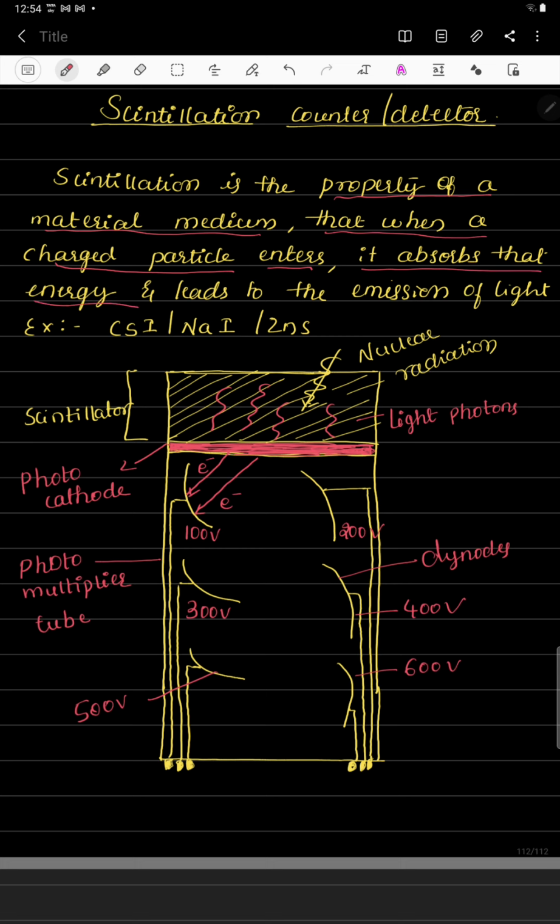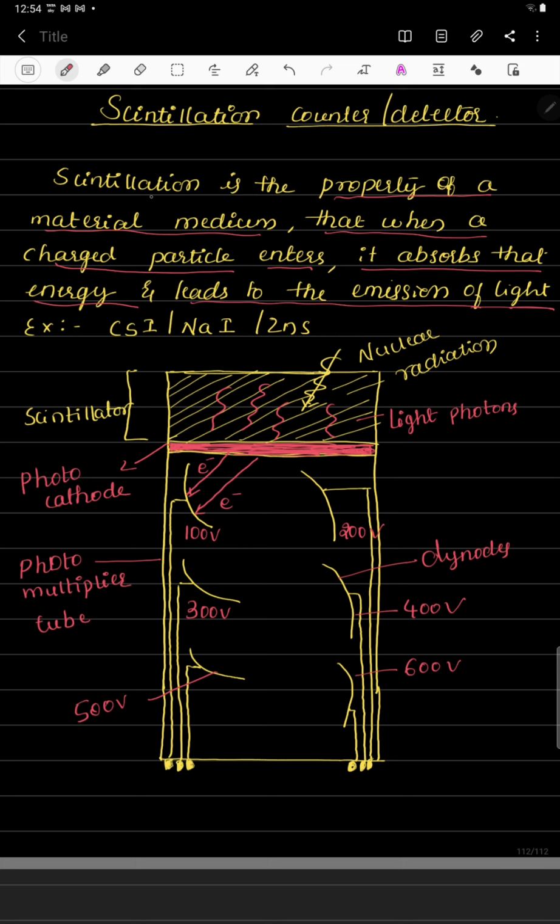The energy of the nuclear radiation is absorbed by the medium present inside the tube, and it leads to the emission of light. This is how the flash of light is produced. That's why the name scintillation.